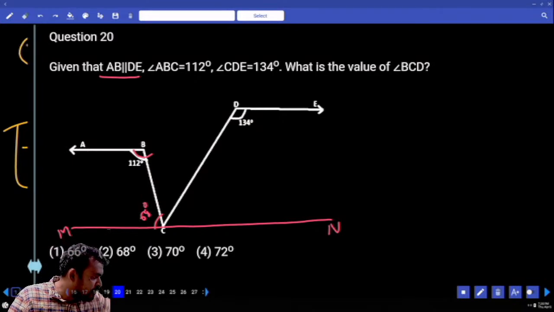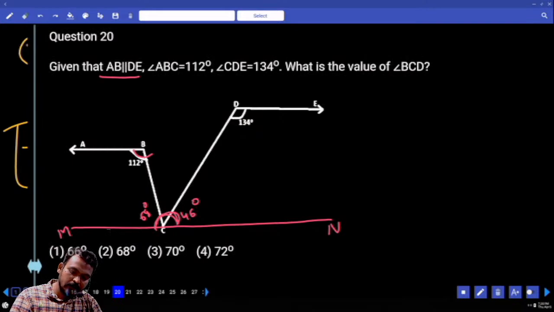Next, the D value and C value are also 180 here. Already the D value is 134, so the C value is 46 here. And one more. The entire C value is how many degrees? 180 degrees. In that, we already know two angles. Out of 180 we subtract those two to get the remaining angle. 68 plus 46 is 114.